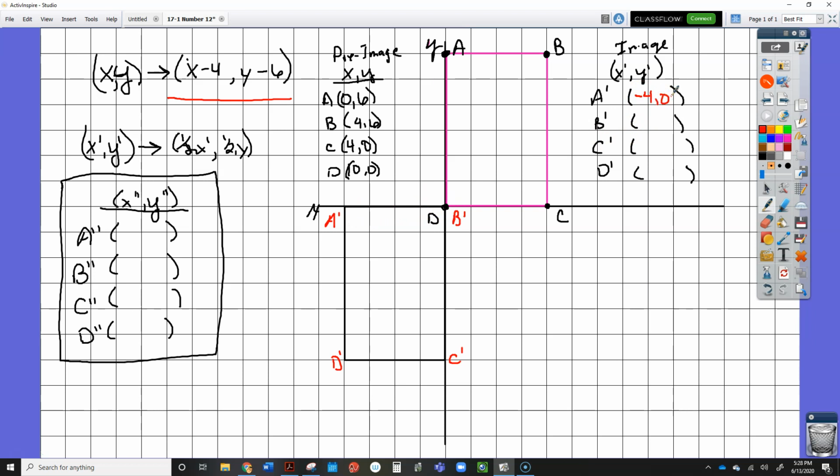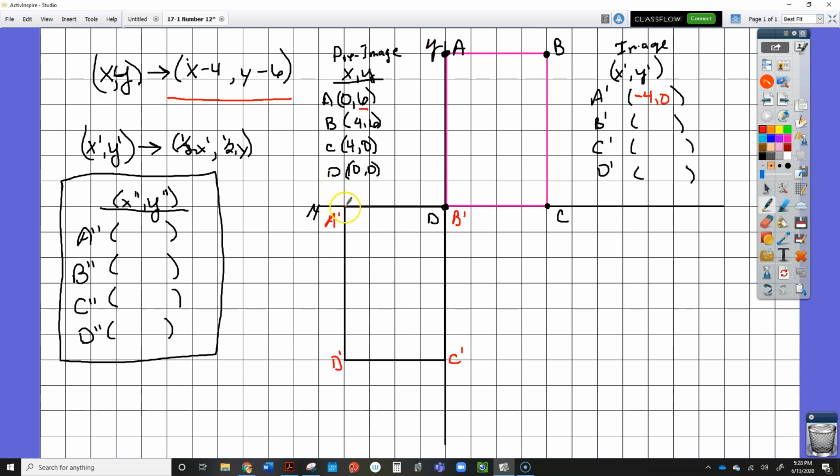Before I do the rest of them, I also want you to notice that if I took this ordered pair, the original one, and said 0 minus 4, I would get negative 4. And if I said this 6 minus 6, I would end up with 0. So you should be able to get to it both ways.